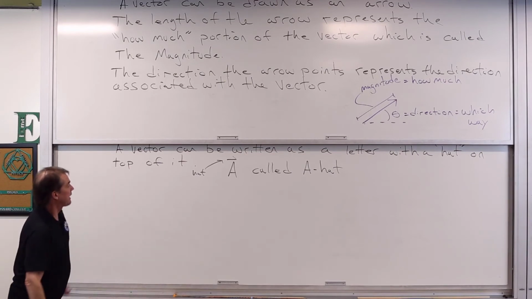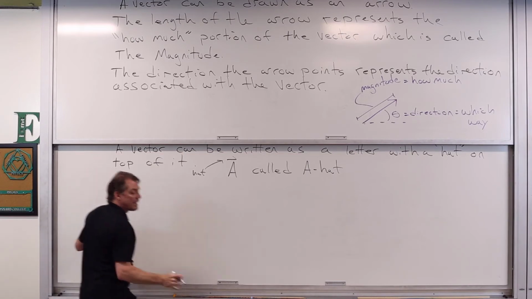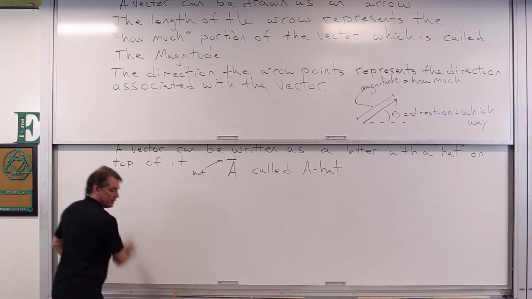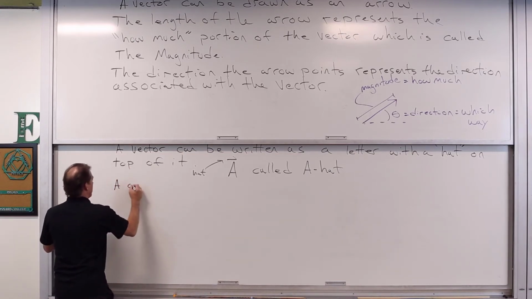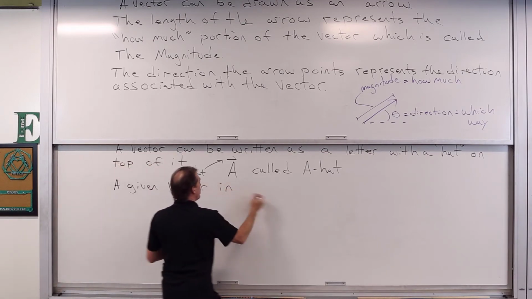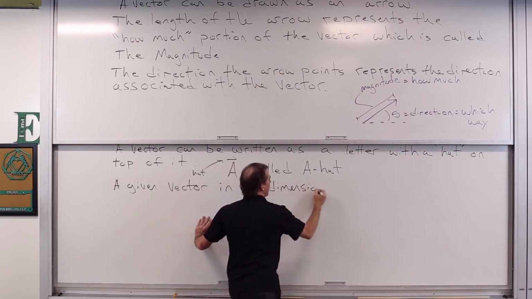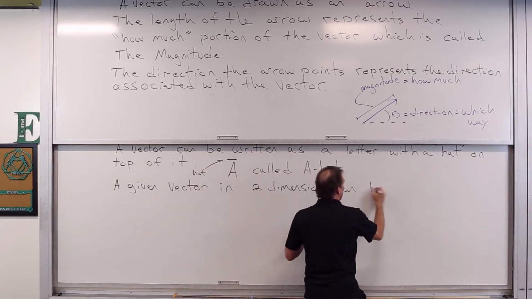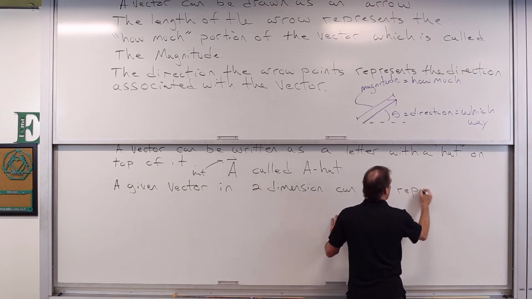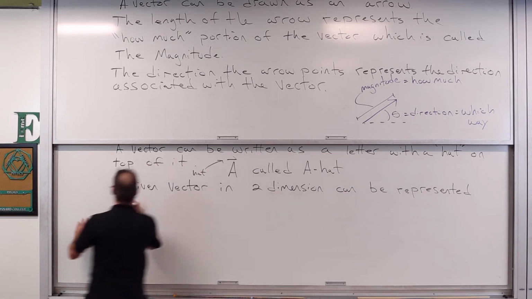And a given vector, excuse me, in 2 dimensions can be represented in 2 general ways.